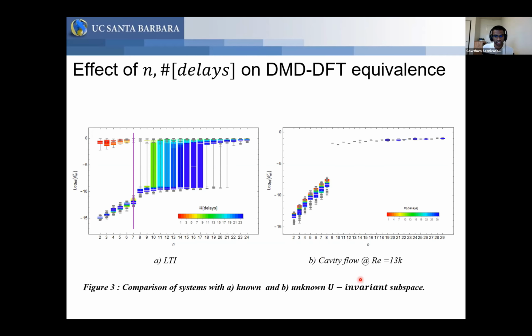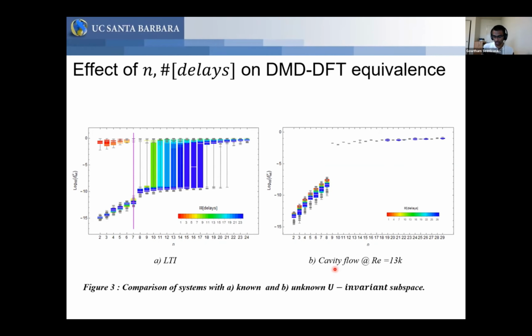And here's an example for which you don't know if you have an invariant subspace, and you see that the trends in the second picture are very similar to the trends in the first picture. So this lets you take a safe guess that the dimension of the underlying system is, say, 9, and you use this result in the preceding analysis.